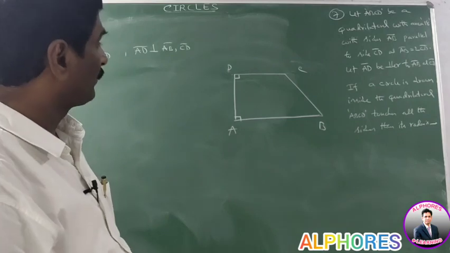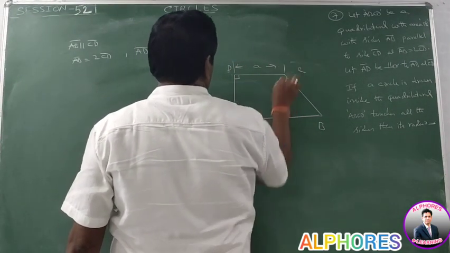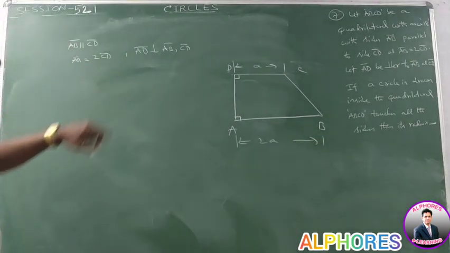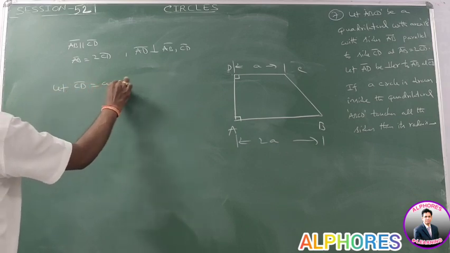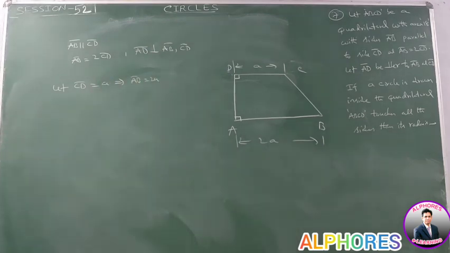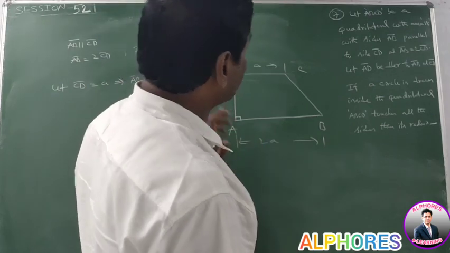Since AB is equal to 2CD, let CD be A units. Automatically, AB is equal to 2A units.